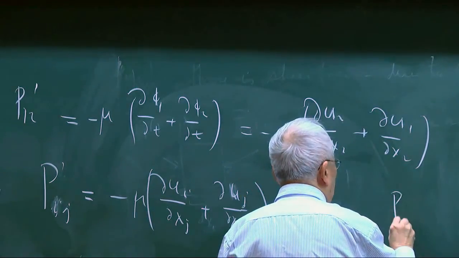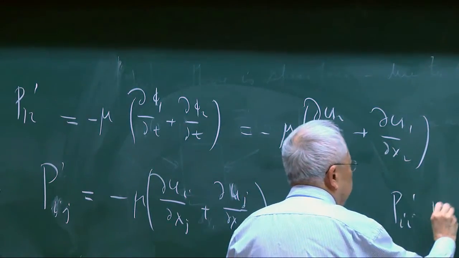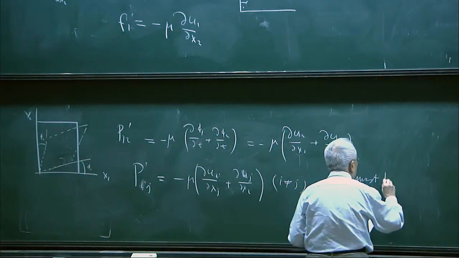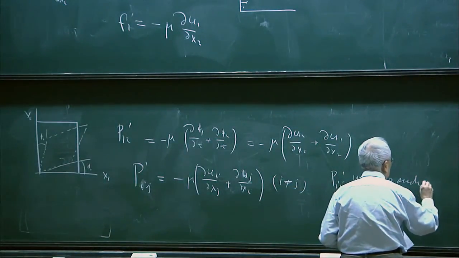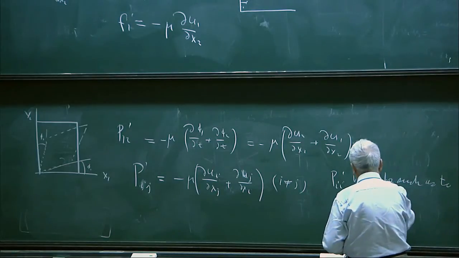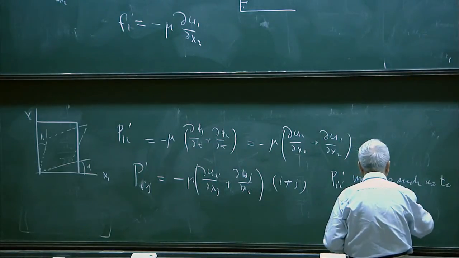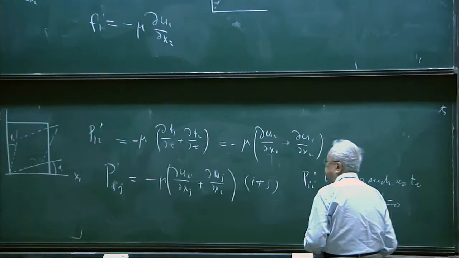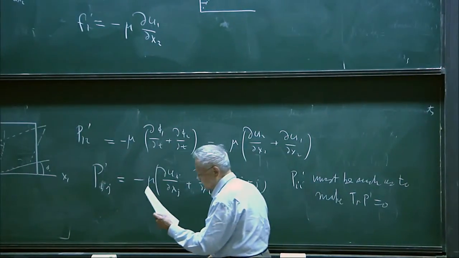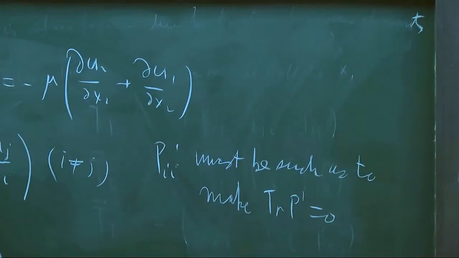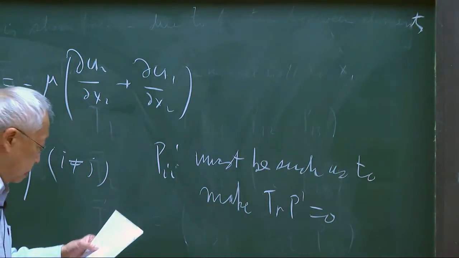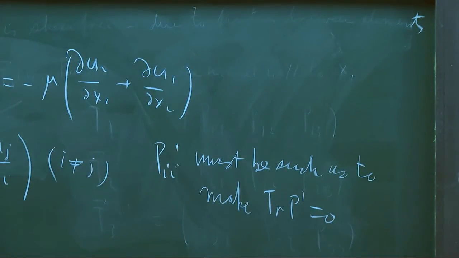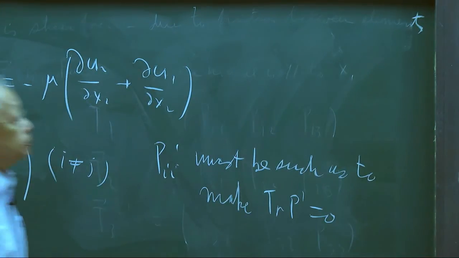So Pii must be such as to make the trace of P prime equal to 0. So now we can rewrite the whole thing, because it's very simple to fix up the trace. I'll do it here.